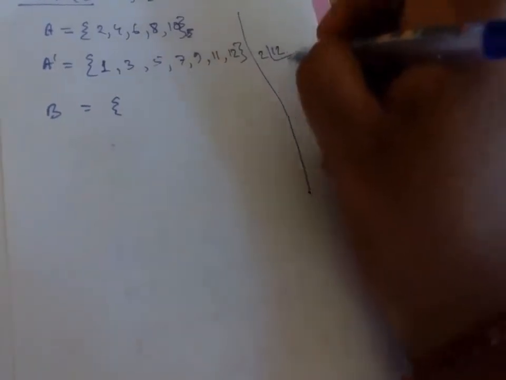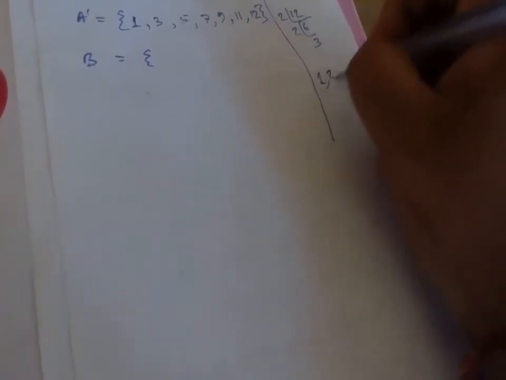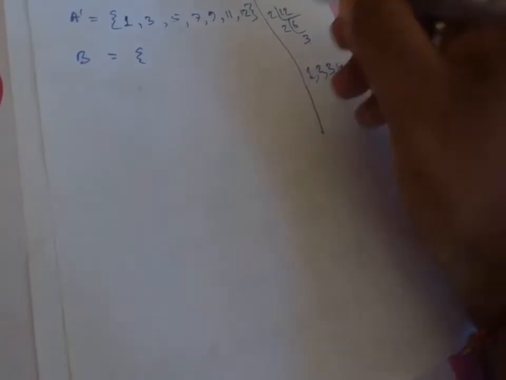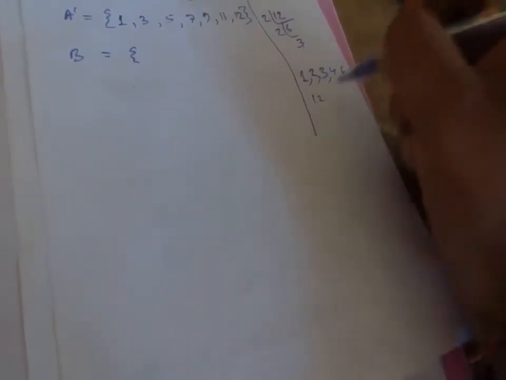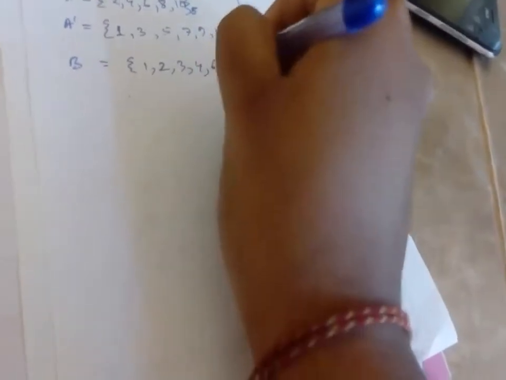So factors of 12 will be 1, 2, 3, 2 2s are 4 and 3 2s are 6 and again 2 6s are 12. So all these are factors of 12. So 1, 2, 3, 4, 6 and 12.